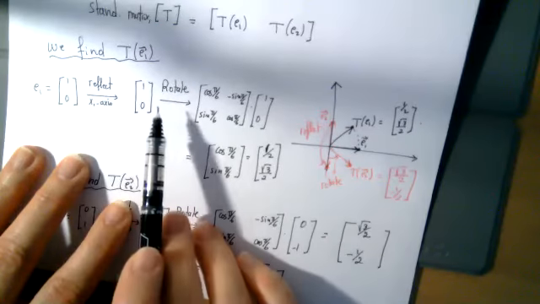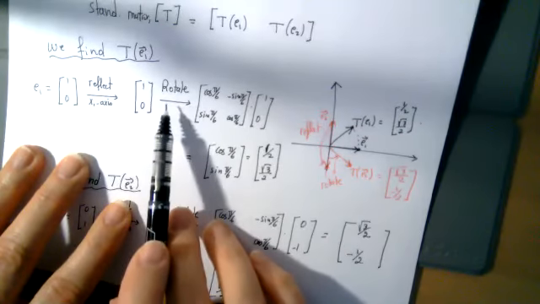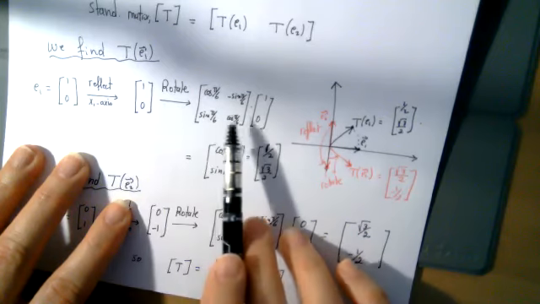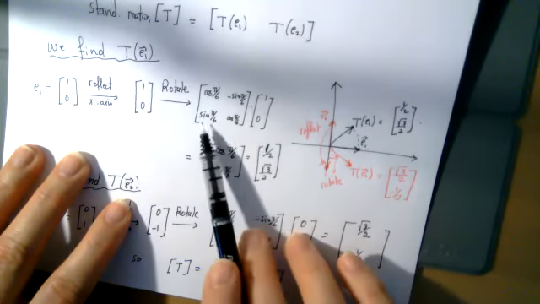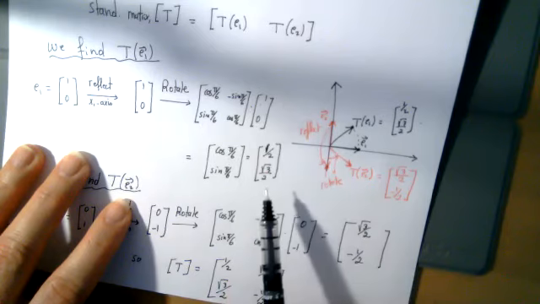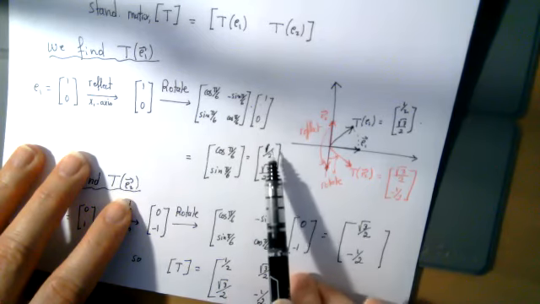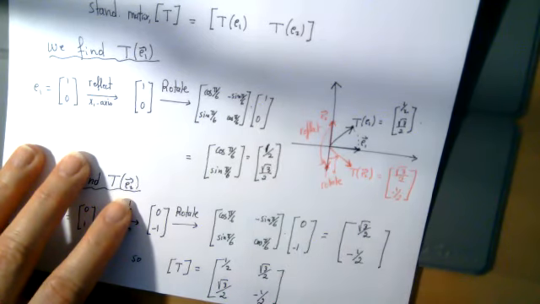And that's exactly what I did right here. I started with E1, I reflected, nothing happened to it. And then I rotated. To know where it goes, I take the rotation matrix multiplied by (1, 0).